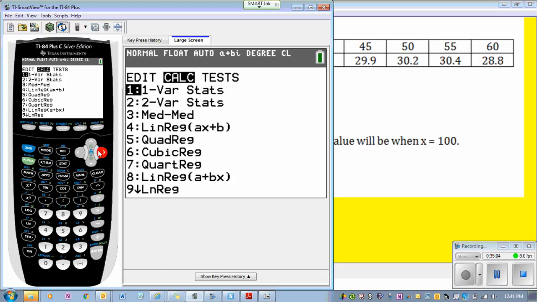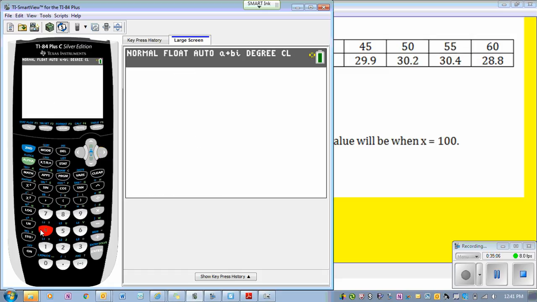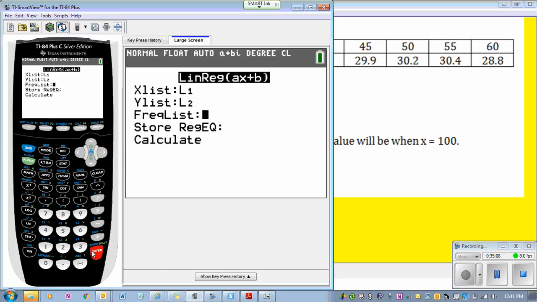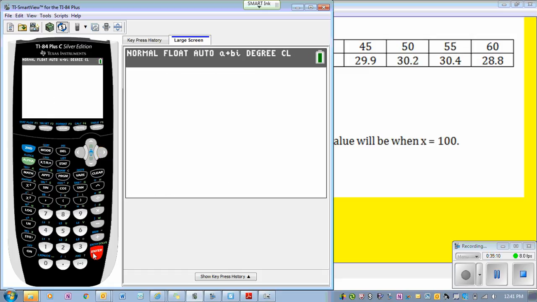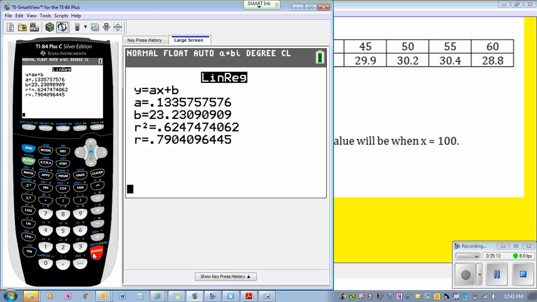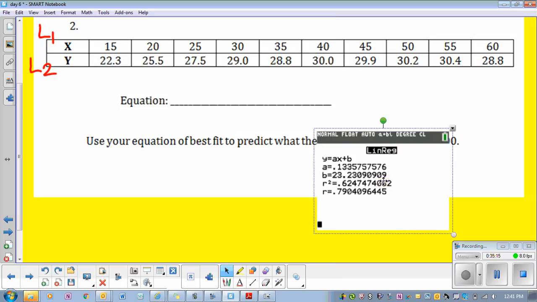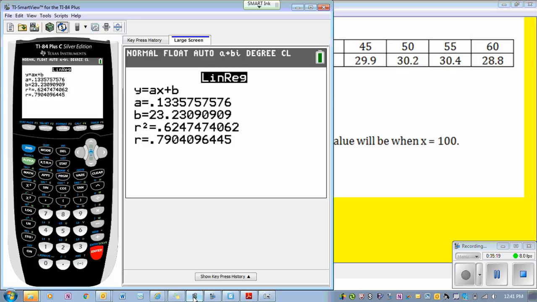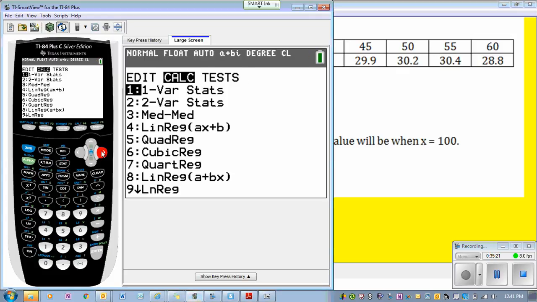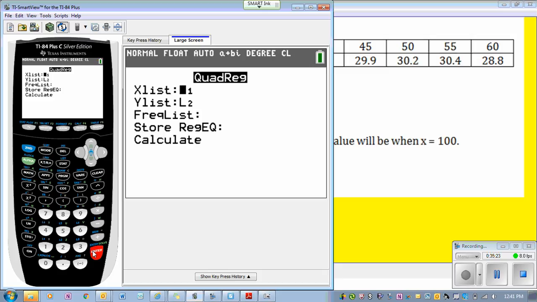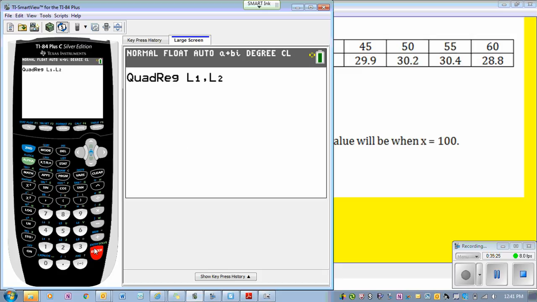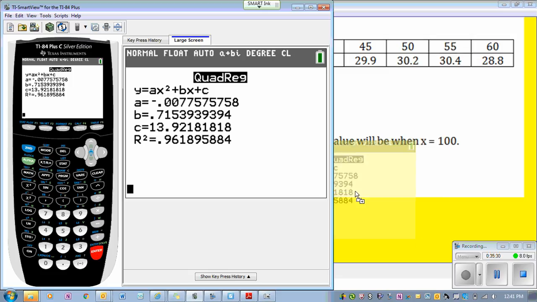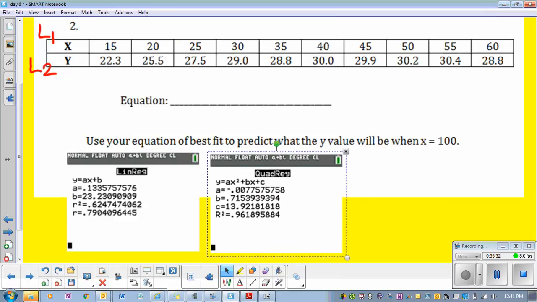Wait, I'm not ready yet. All right, just take your time. Are we doing lin reg first? It doesn't matter. I usually do the lin reg first, just to have it.